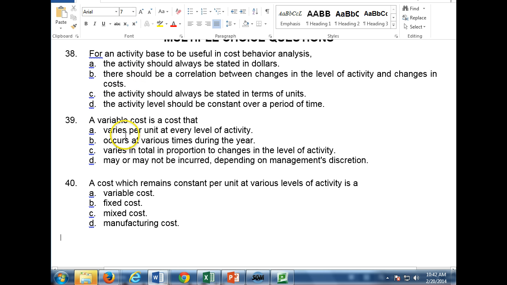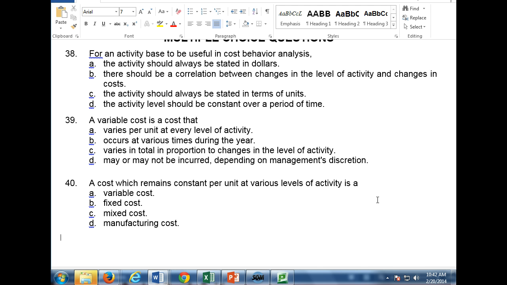A variable cost is a cost that: A, varies per unit at every level of activity; B, occurs at various times during the year; C, varies in total in proportion to changes in the level of activity; D, may or may not be incurred depending on management's discretion. Varies in total in proportion to changes in level of activity.